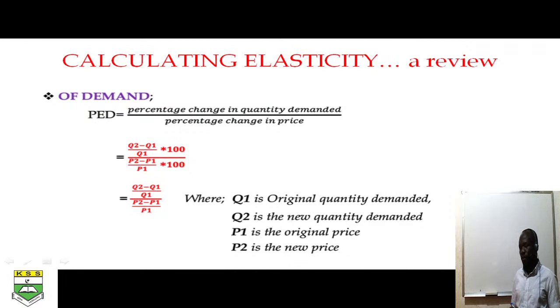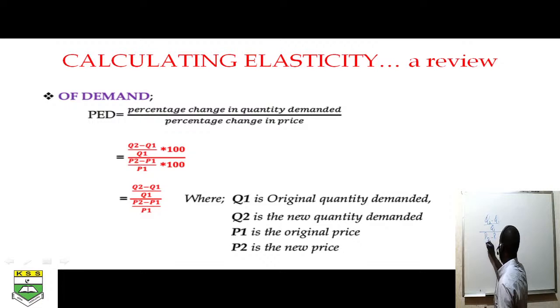If you look at the equation, we're having Q2 minus Q1 over Q1, all divided by P2 minus P1 over P1.